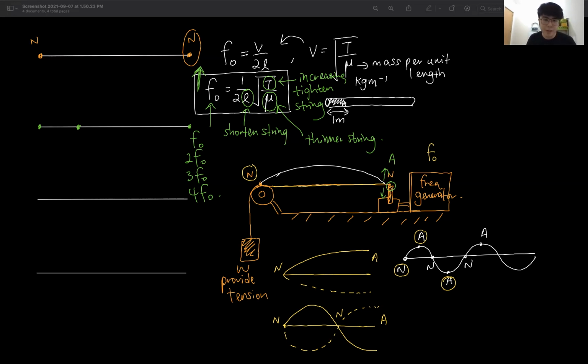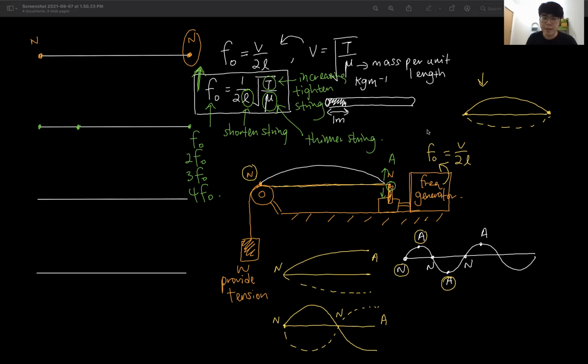If I have two fixed ends, the fundamental frequency is equal to v over 2L, and the pattern is like this. So if you set the generator to this frequency, then you're forcing it to vibrate like this.